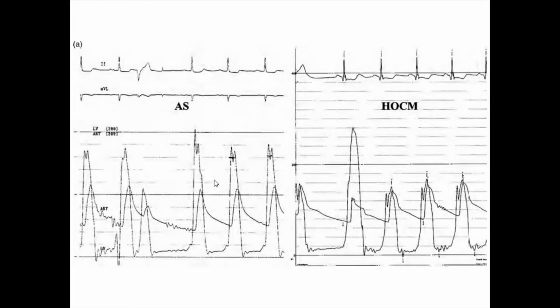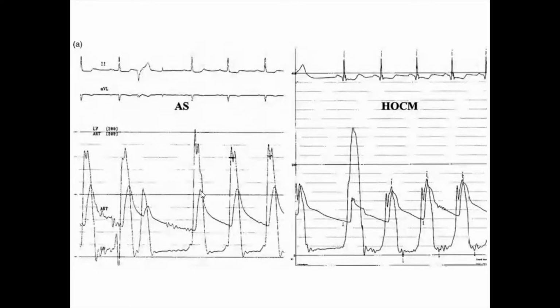There is increase in the pressure in the aorta and in the LVOT at the same time. Systolic. And what about the pulse pressure? The pulse pressure will decrease. The pulse pressure here in HOCM decreased. Here, is it wide, increased, or the same?